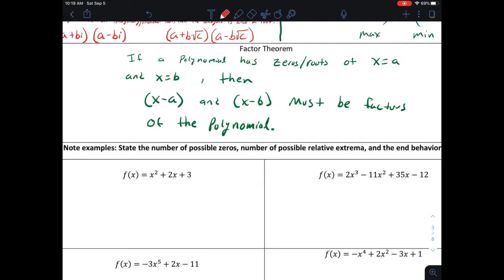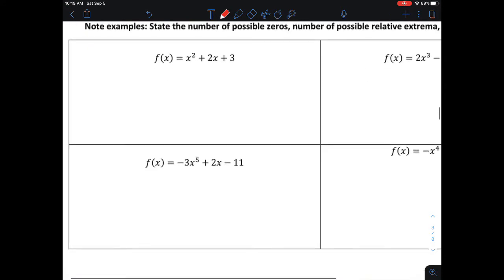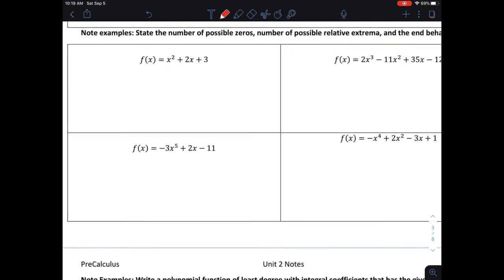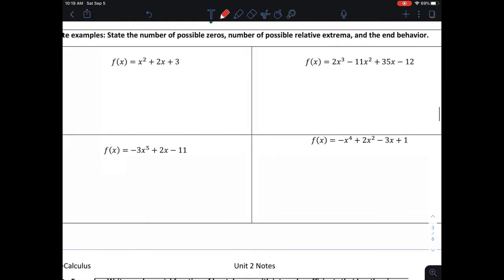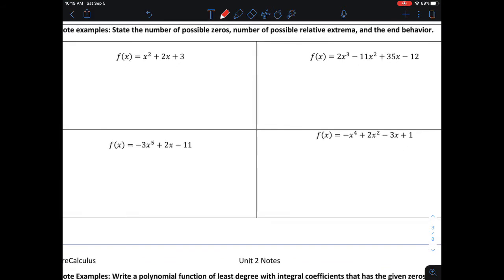And so let's start applying some of these to look at some polynomial functions and start to get some analysis for their characteristics. And so what we want to do in here is we want to state the number of possible zeros, the number of relative extrema, and what the end behavior is. And all of this really looks at the degree of the polynomial.